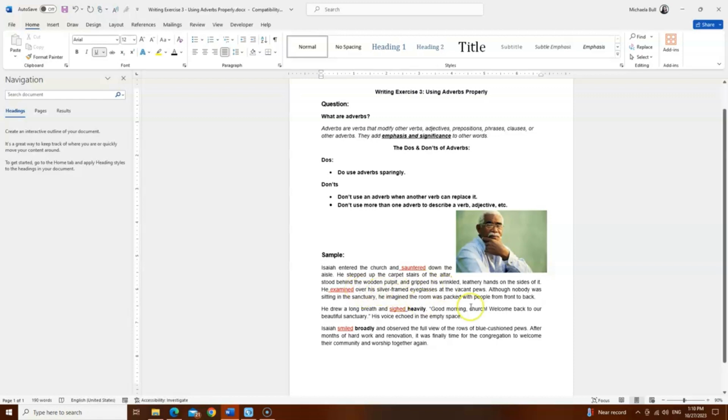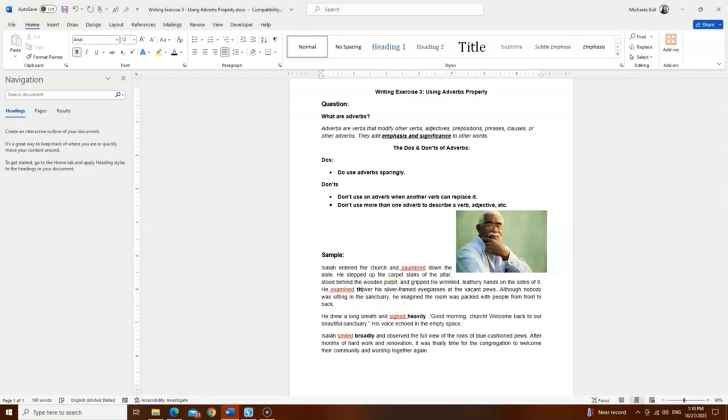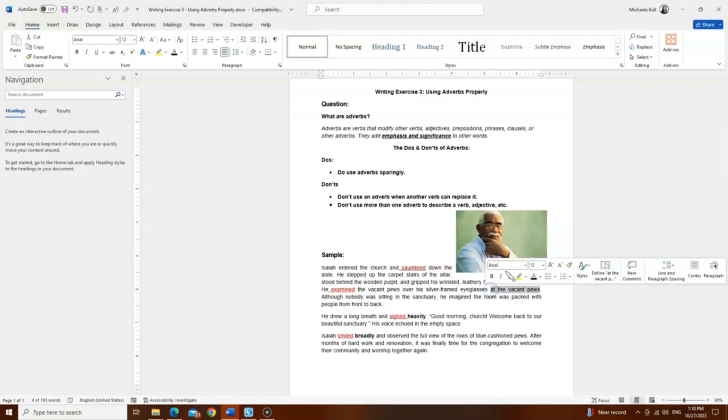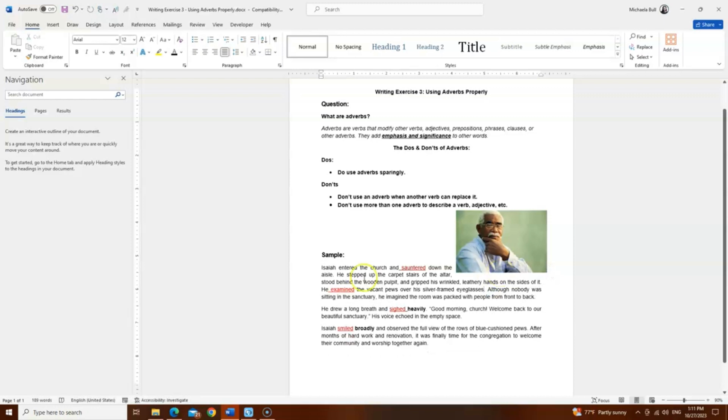And I'm also going to rearrange the wording a bit because it just sounds better if I put vacant pews here. Now we have, he examined the vacant pews over his silver-framed eyeglasses.